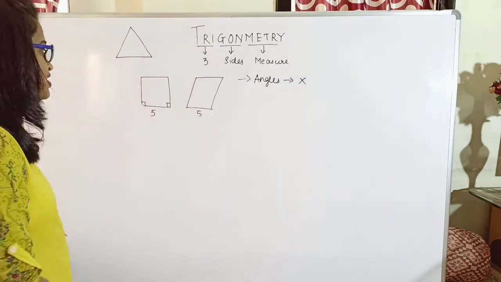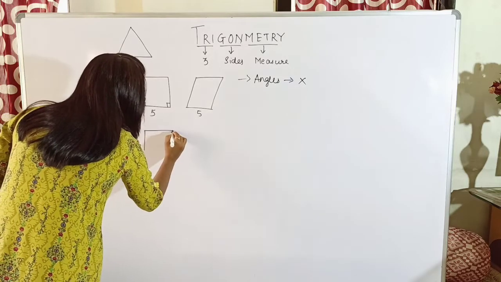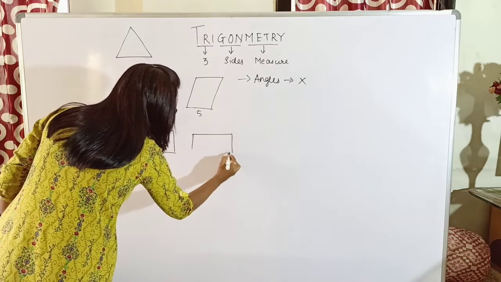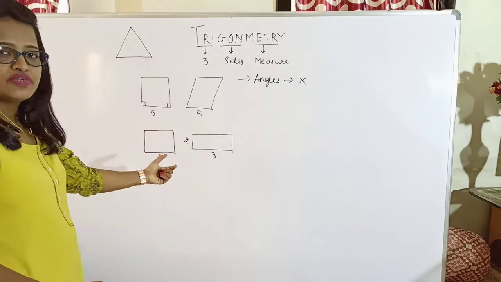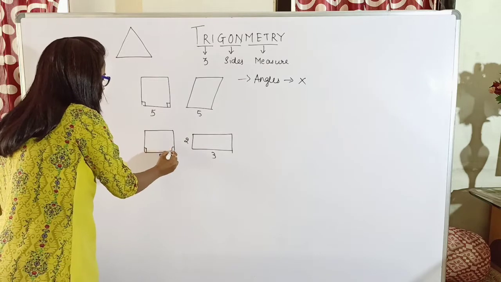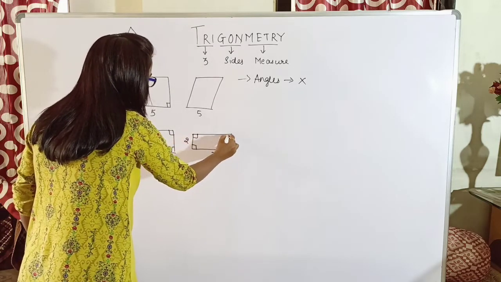Let us look at another figure. Suppose I am drawing again a square of 5 centimeter and a rectangle of length 3 centimeter and breadth 2 centimeter. Now in this case the angles are all 90°, but are the figures similar?